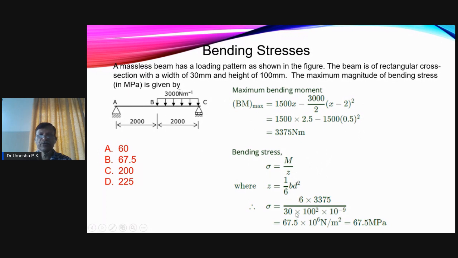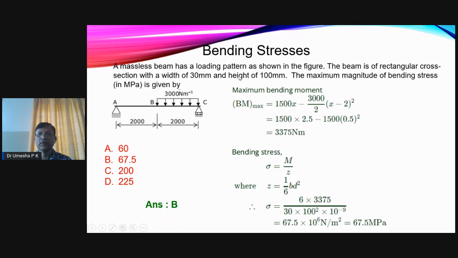Substituting the maximum moment and converting everything into meters, we get 67.5 into 10 to the power 6 Newton per meter square. That is equal to 67.5 MPa. They want the answer in MPa, so B is the correct answer.